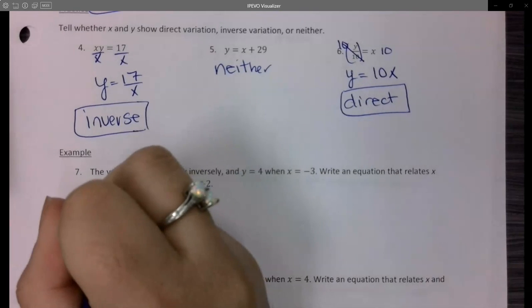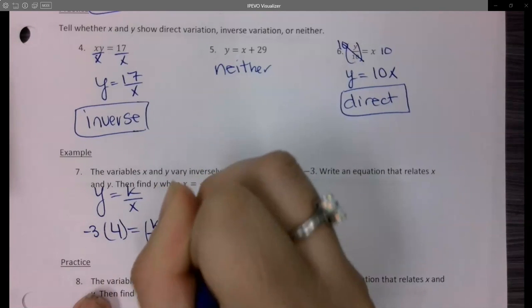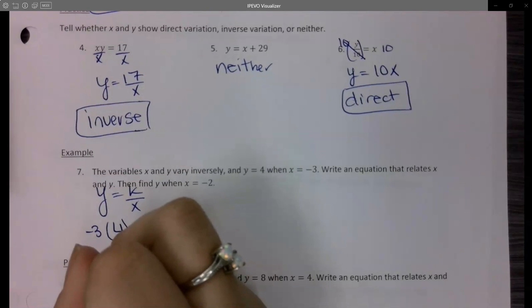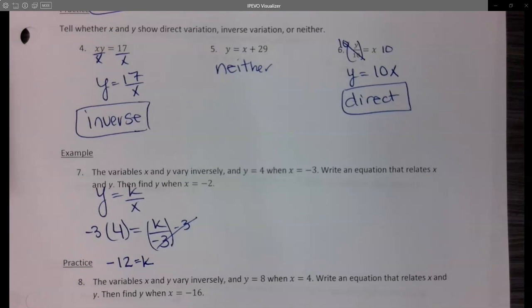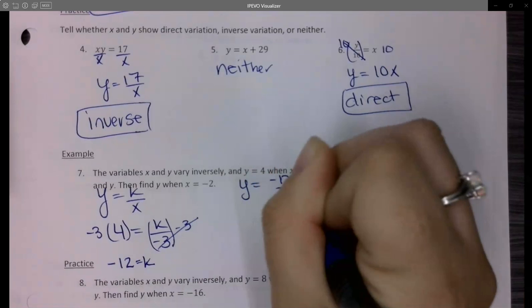Yep. Multiply by negative 3 on both sides. So it cancels out on the right side. What's negative 3 times 4? Negative 12. So then I'm going to plug back in to get my equation. I'm going to have y equals negative 12 divided by x.